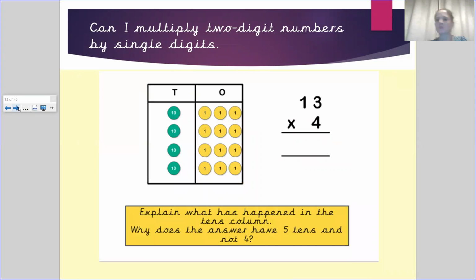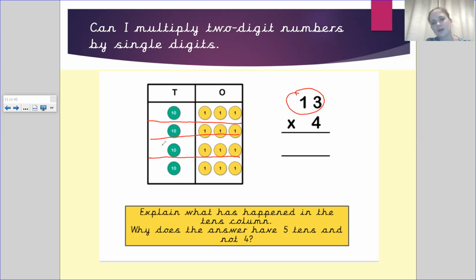The same goes for this question. This question is showing us that we have got 1, 2, 3, 4 groups of 13.